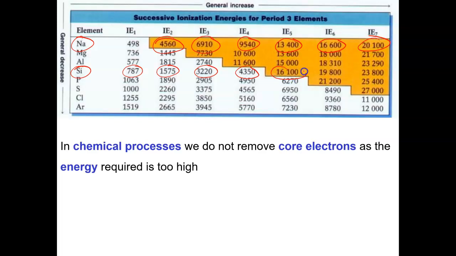However, once we try to remove a core electron, we see a massive jump in the ionization energy. And in fact, chemical processes do not remove core electrons because the energy required is too high. That is, in a chemical reaction, an ion will not form that requires the loss of core electrons because chemical reactions cannot provide that amount of energy.